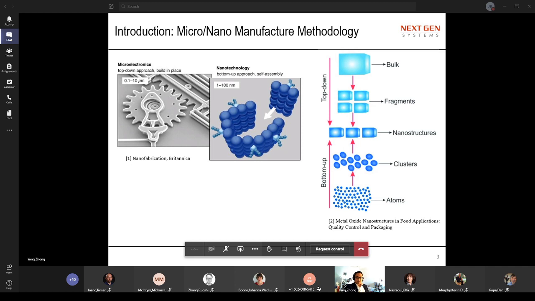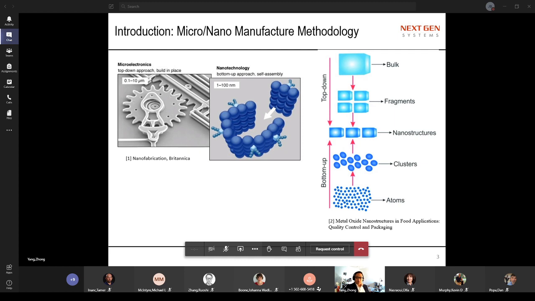The bottom-up approach is starting from the atom or molecule level, and through physics process, maybe from self-assembly, will form some larger structure.